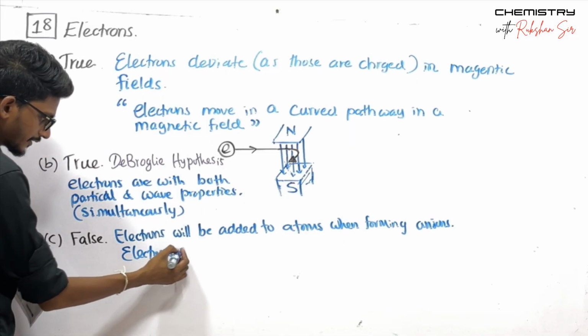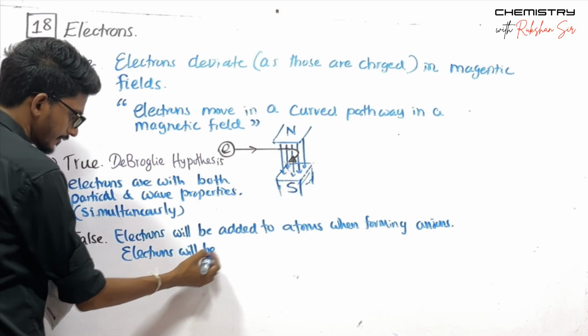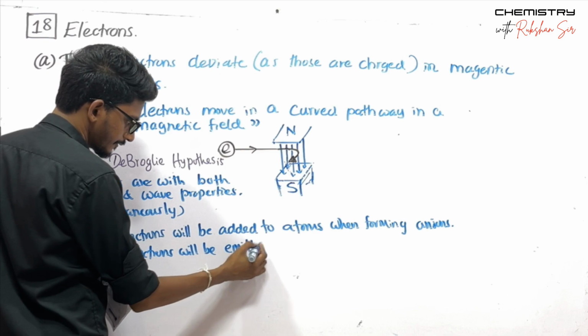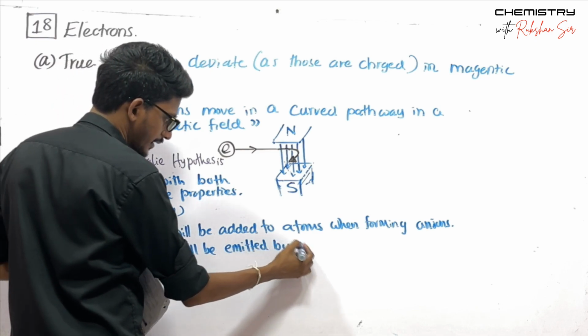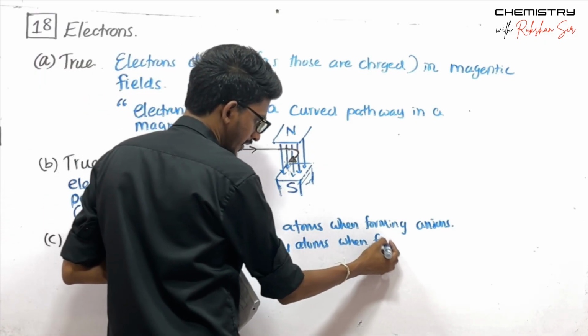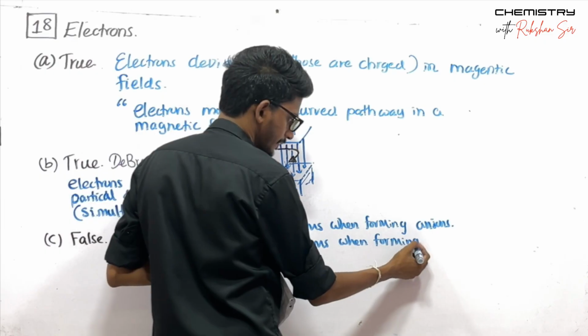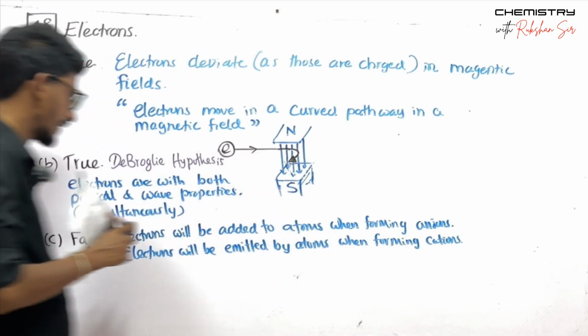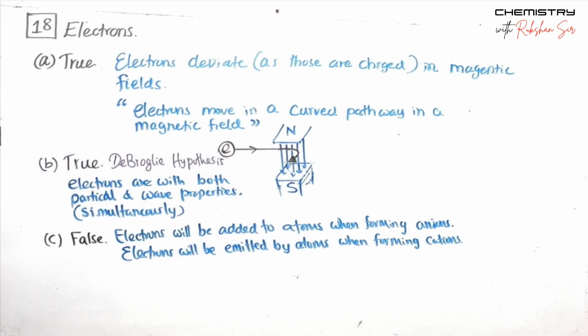Electrons will be emitted by atoms when forming cations, positive ions. So an electron can be added as well as emitted from atoms.